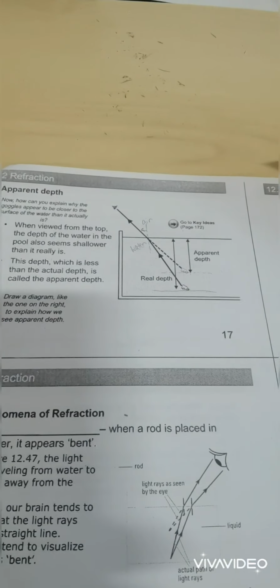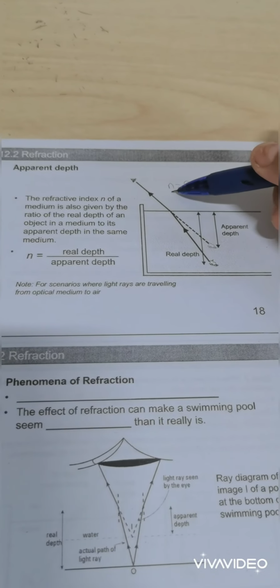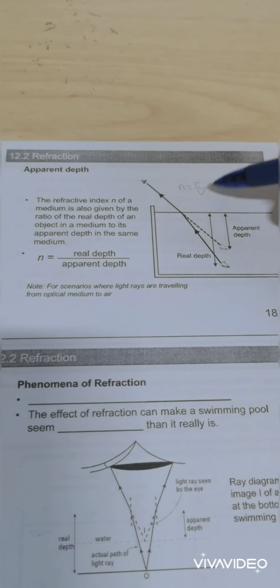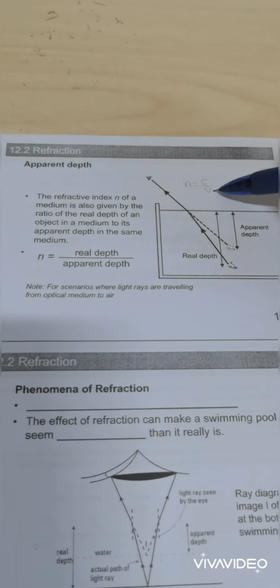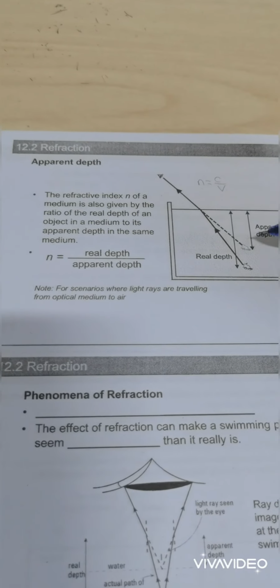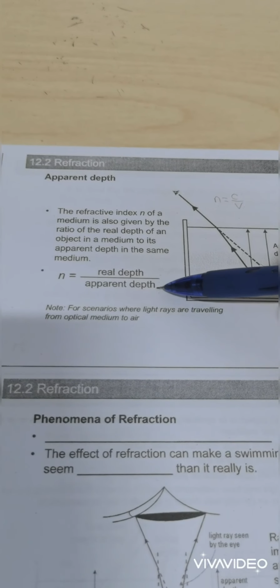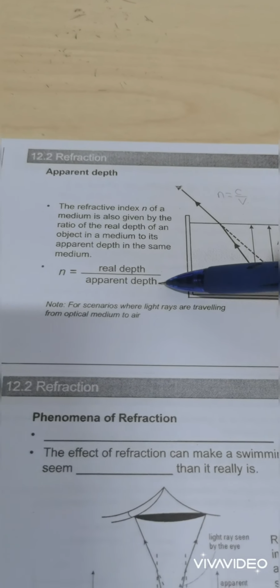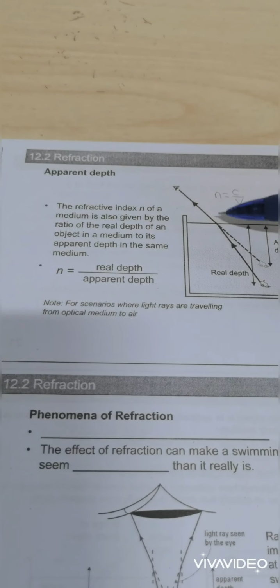Earlier on, we calculated refractive index n equals c over v, using the speed of light in vacuum and the speed of light in the medium. Now we can also use another formula, n equals real depth over apparent depth, to calculate the refractive index for cases whereby the light rays are traveling from your optical medium to air.